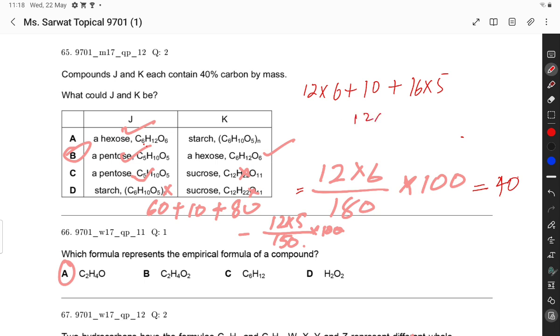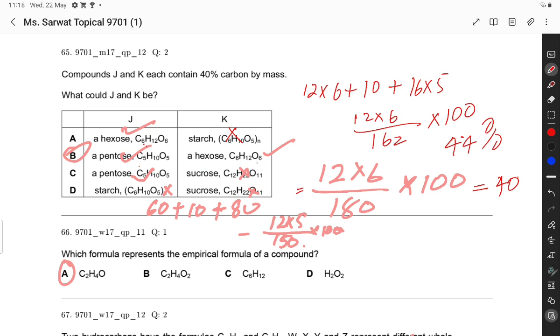So 12 into 6 divided by 162 into 100. So 12 into 6 divided by 162 is equal to 0.44 into 100. So this is equal to 44, which is incorrect, so this is incorrect.